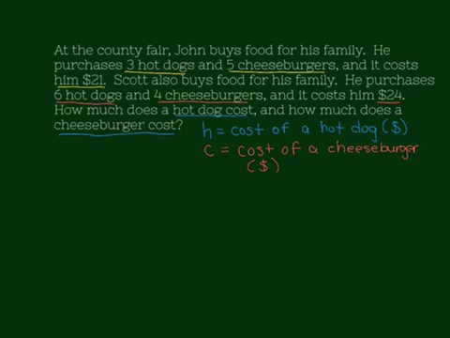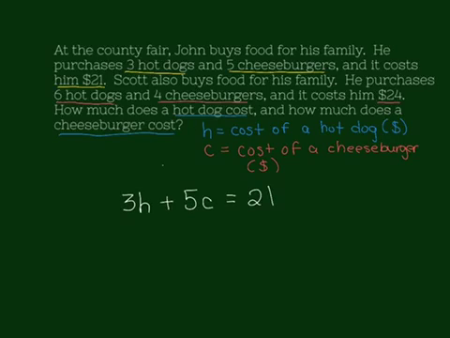So if you look at the first statement, where John buys 3 hot dogs and 5 cheeseburgers for $21, that actually gives us an equation. We know that 3 times the cost of a hot dog plus 5 times the cost of a cheeseburger, because he bought 3 hot dogs and 5 cheeseburgers, we know that that total cost is $21.